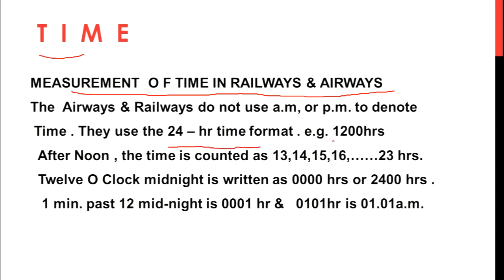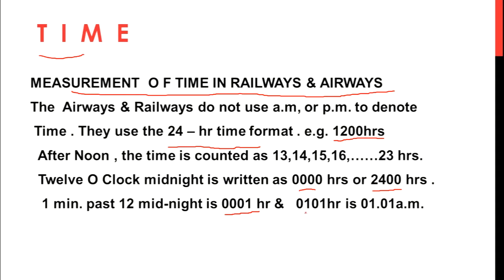Means 12 at noon is called 12:00 hours, and 12 at midnight is called 0:00 hours or 24:00 hours. Therefore, you can say 0001 is 1 minute past 12 midnight.